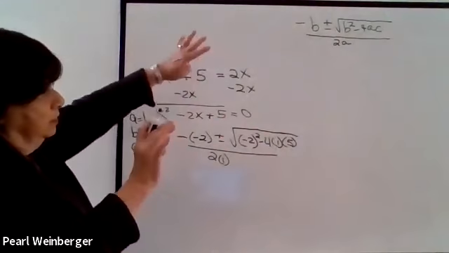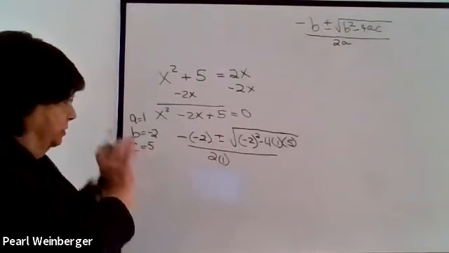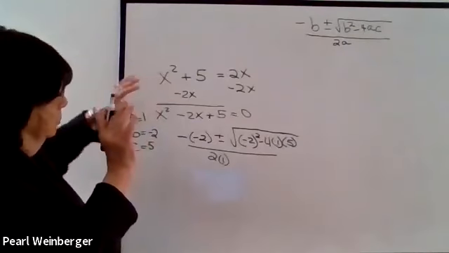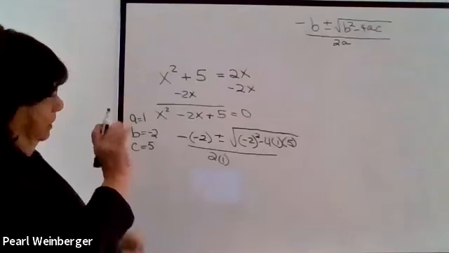Just sticking it into the formula. The first step is just replacing the letters with the numbers. That's why if I have the letters written down right here, it's very easy to do.